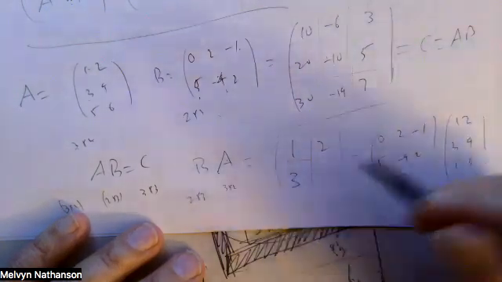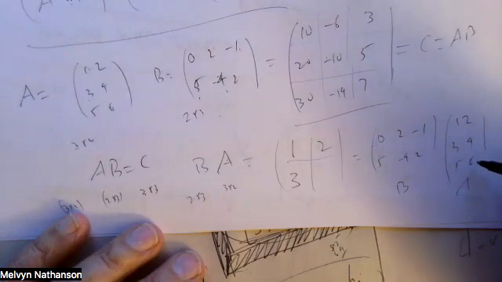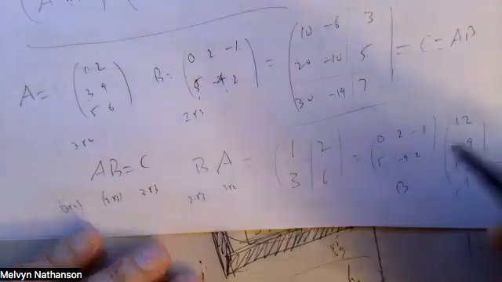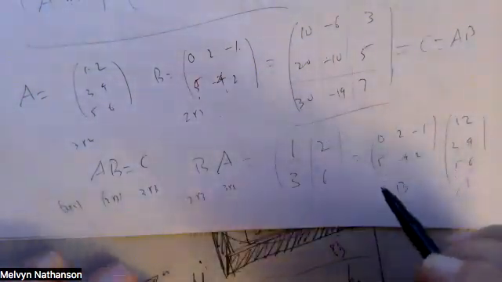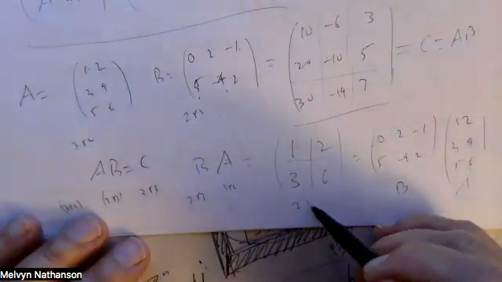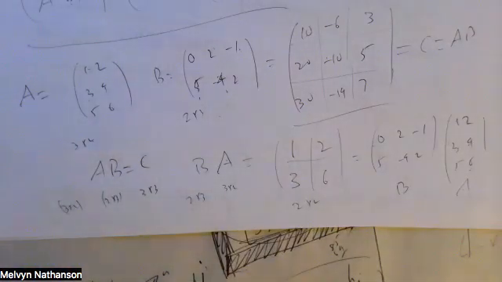Second row, second column entry is 10 minus 16 plus 12. 10 plus 12 is 22, minus 16 is 6. So if I did my arithmetic right, this is B times A. It's a 2 by 2 matrix.